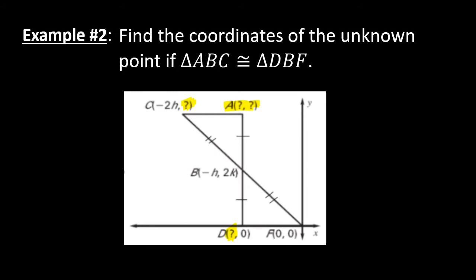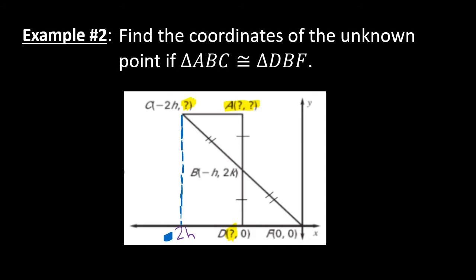All right, my darlings, welcome back. So if I look at this picture, the things I know are that I definitely went to the left, and I know that this point right here, I went negative 2h. So to get to that point C at the top, I went negative 2h.